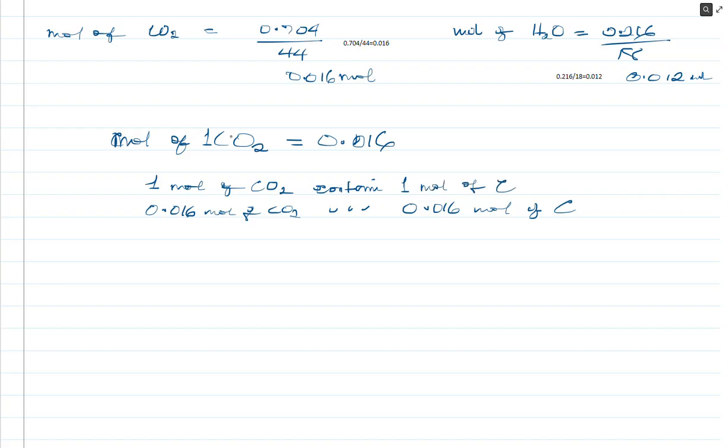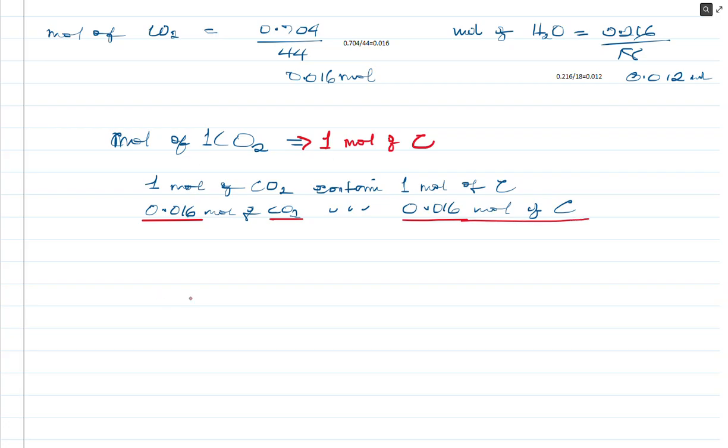What this means is that 1 mole of carbon dioxide contains 1 mole of carbon. So we have gotten the mole of carbon as 0.016. This is what they gave us in the question: 0.016 mole of carbon dioxide contains 0.016 moles of carbon.